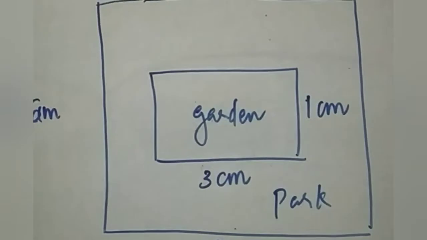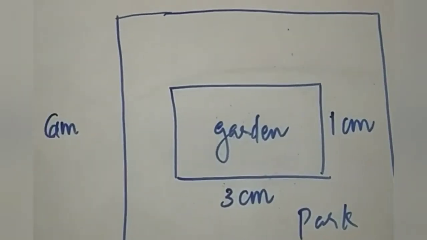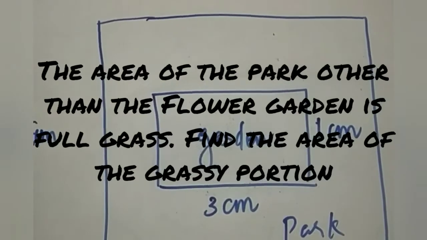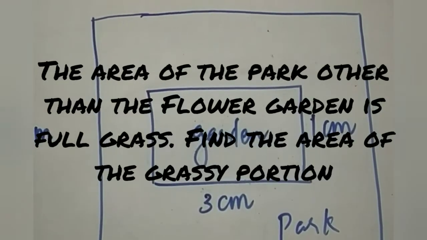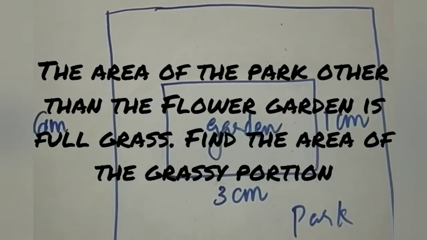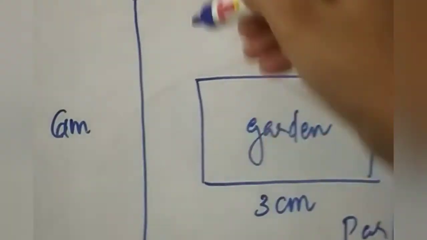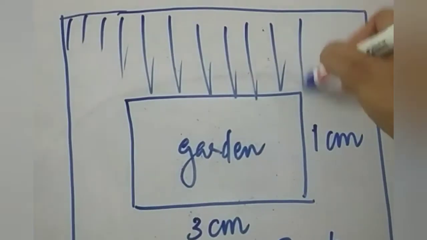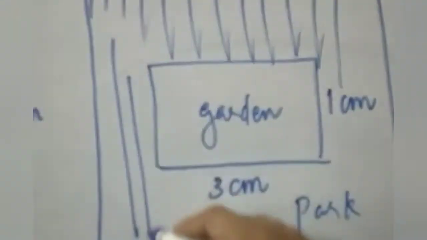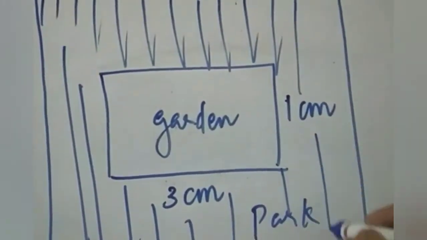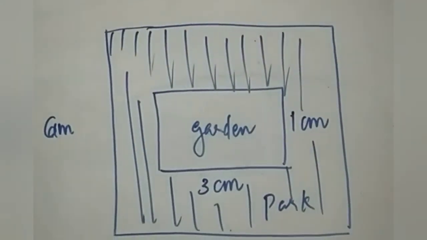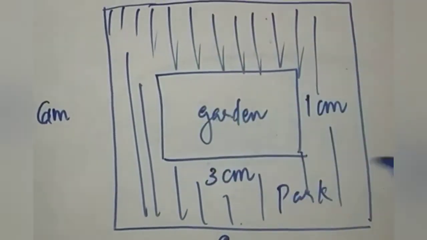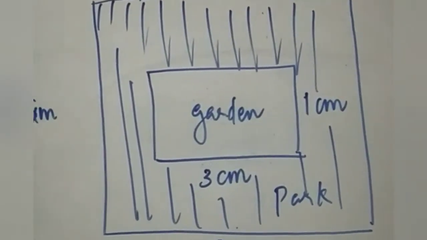So now, what do we need to find out here? The next sentence is, the area of the park other than the flower garden is full grass. That is, the area of this park other than this garden. That means the rest of the portions in the park other than this garden, that is, this portion outside this garden, are full of grass.